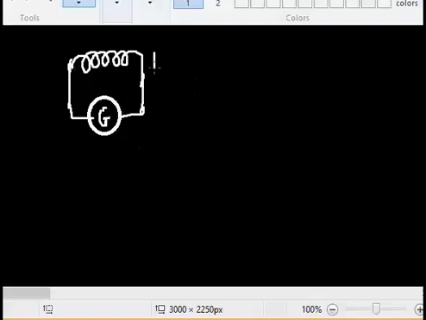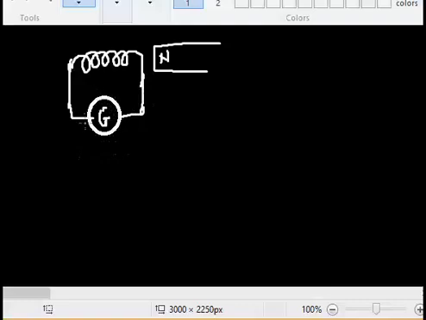Then when you bring a bar magnet close and move the bar magnet around this coil of conductor, it is noticed that the galvanometer deflects. So the movement of this bar magnet around this conductor causes current to be generated, and that is what electromagnetic induction is all about.